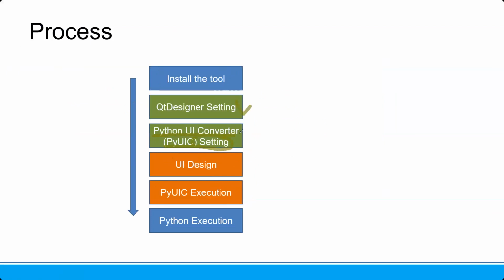These two settings come first, and after we finish, we can do the design and the PyUIC execution. Then at the end, we can show the GUI. Once you finish these two, you can do anything with the GUI. You can start the GUI for your team project.